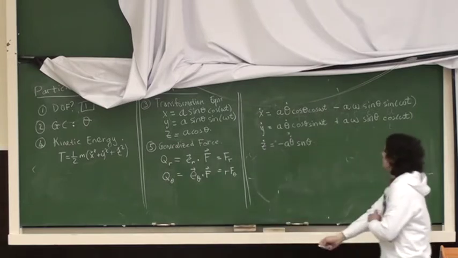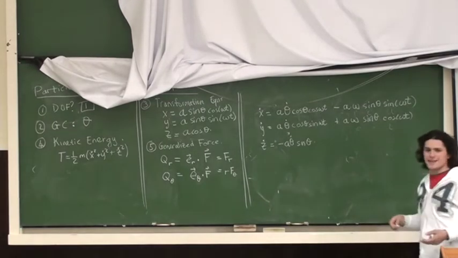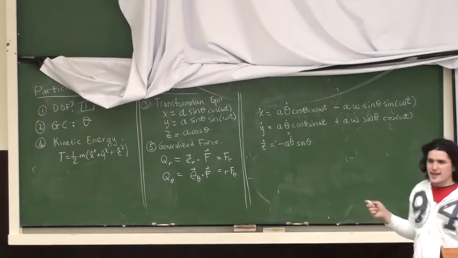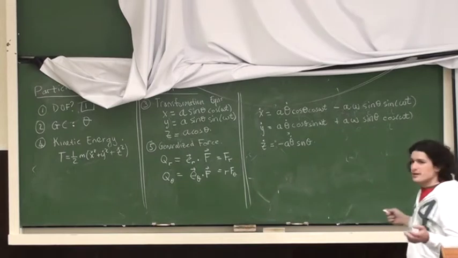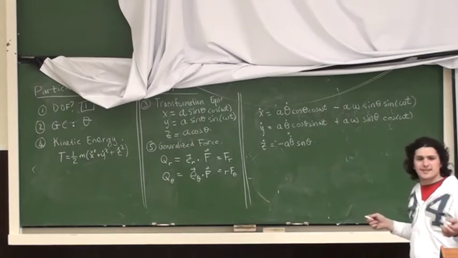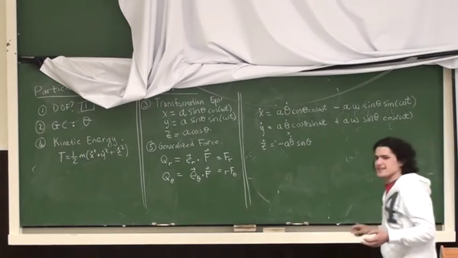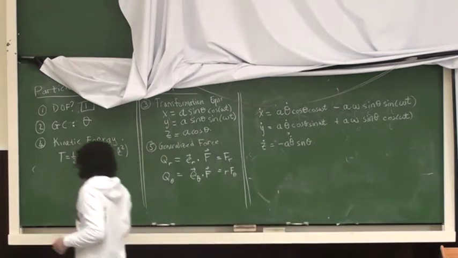Right, so square each of these terms and add them together. What do you get? Oh, that's a nice little exercise for you to check. I'm just going to write down what I believe to be the answer.